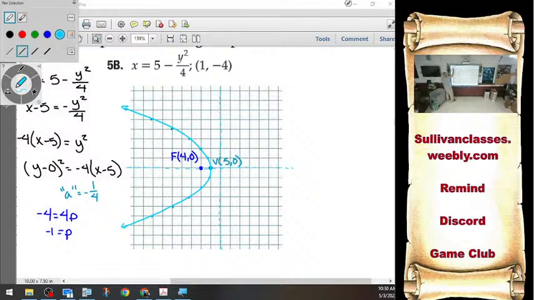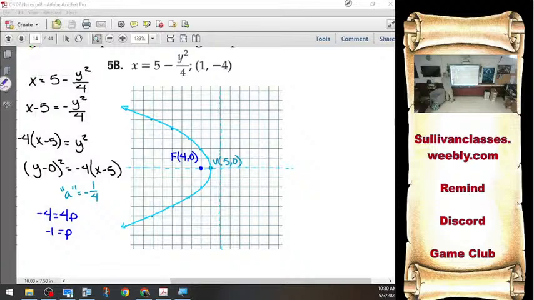The other point that is contained that I was given, 1, -4.